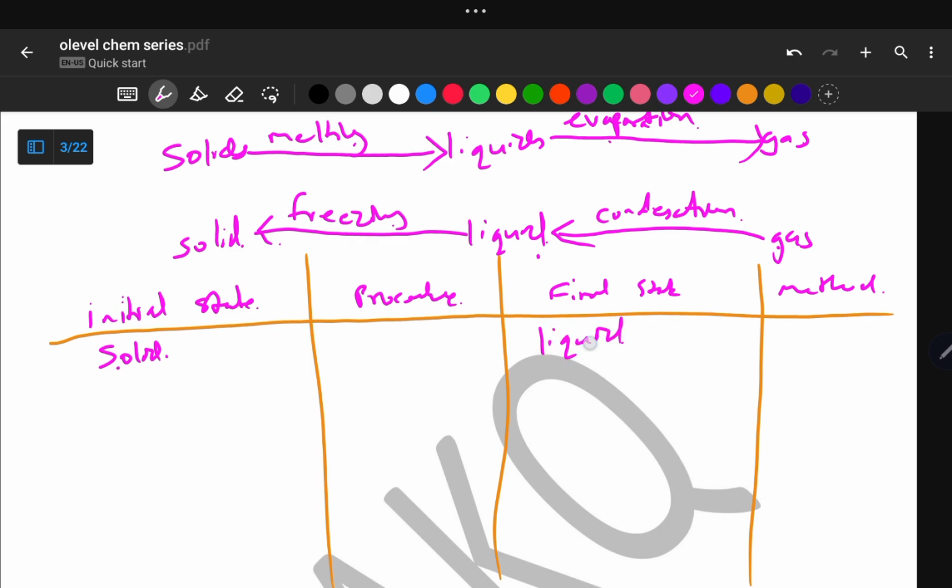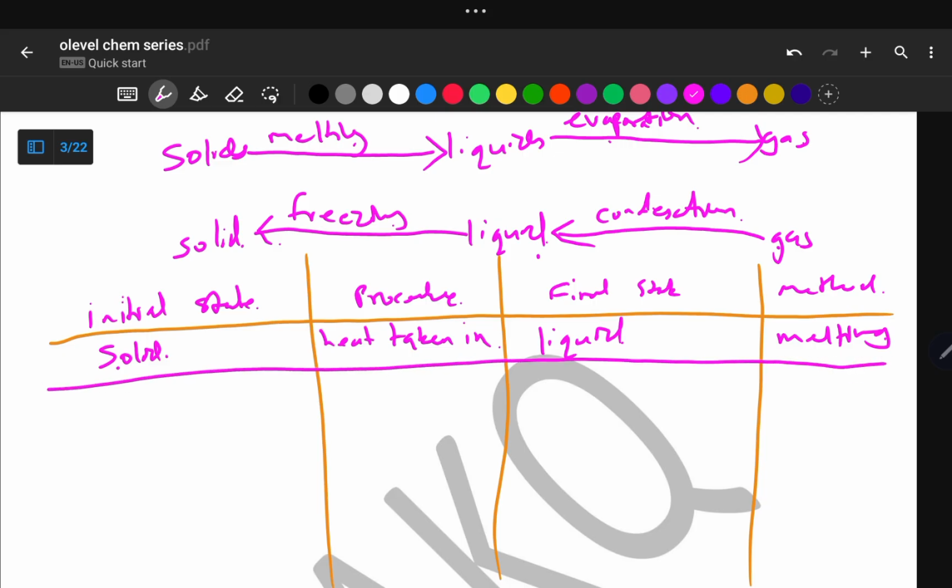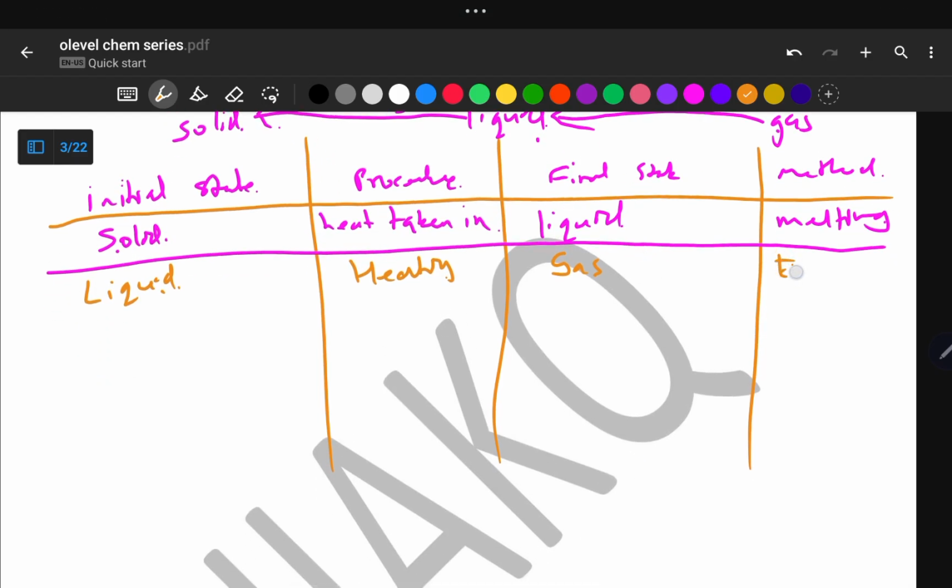From solid to liquid, which procedure are we using? We are going to have heat being taken in, right? And then the method is called melting. And then we go on to the next one. So the next one, we are having liquid converted into gas. Liquid to gas, which procedure? We are heating. And then the name, evaporation or boiling, right? And then we go on to the next one.